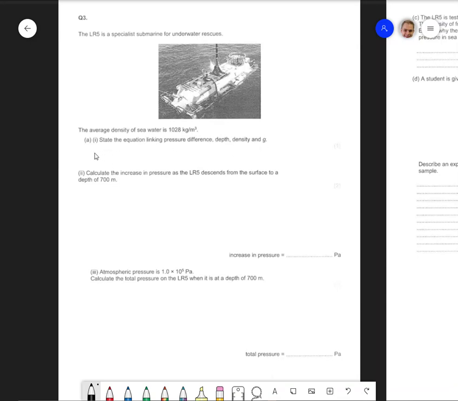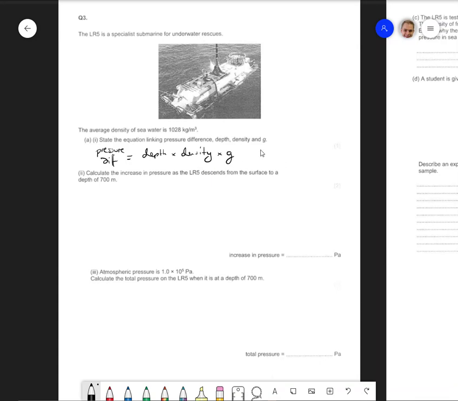So the pressure difference is equal to depth times density times g.